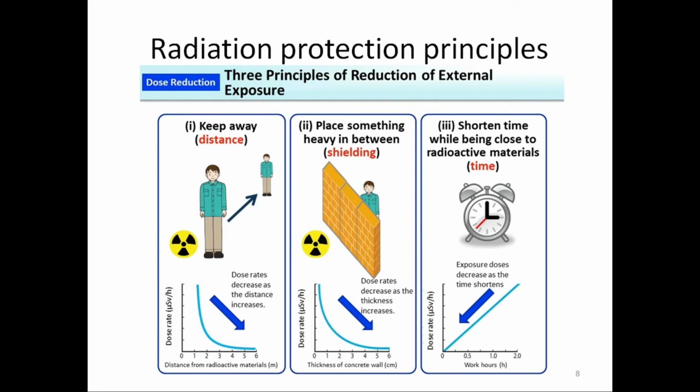Shielding: use proper shielding material depending on which radiation is exposed and the extent of radiation. And third one is time. Shortening the time will favor less effect. It means the individual should be exposed to that radiation for a minimum time.